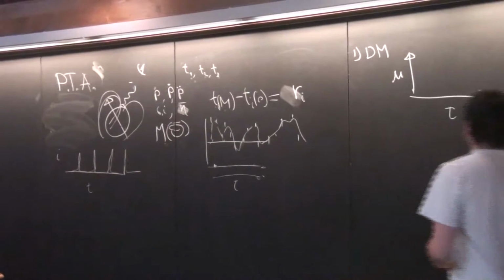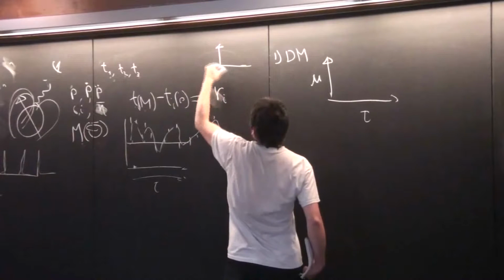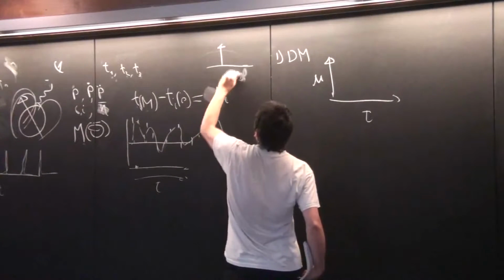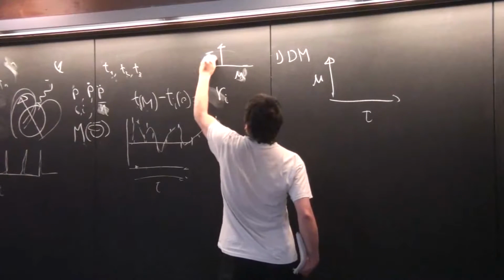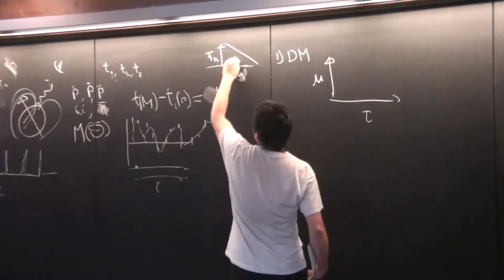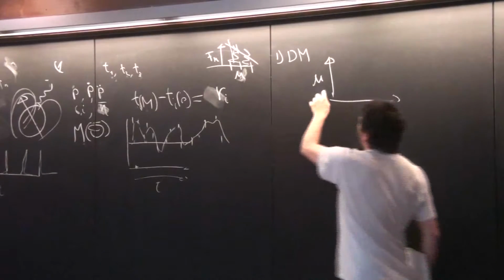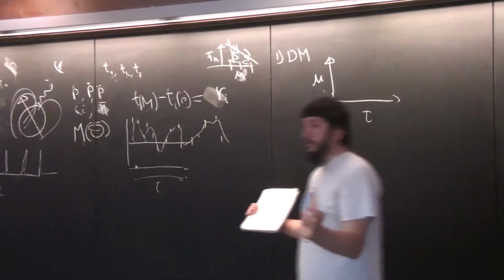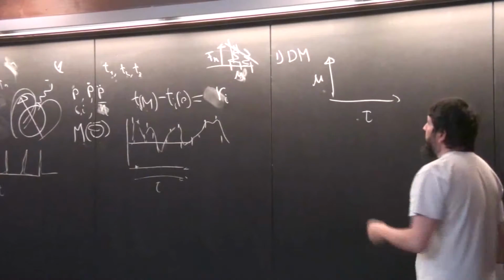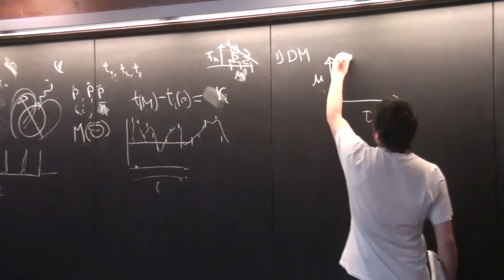Your pulsar will emit some spectrum of radiation, and with your radio telescope you observe a different band of this spectrum. So this mu is the frequency at which you observe your pulsar. This is the time of arrival, and if you look at how this plot looks, that pulse looks something like this.